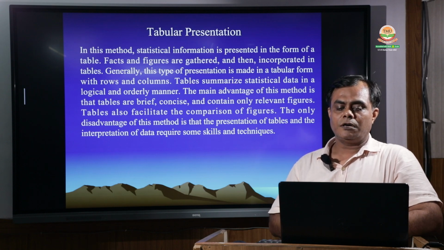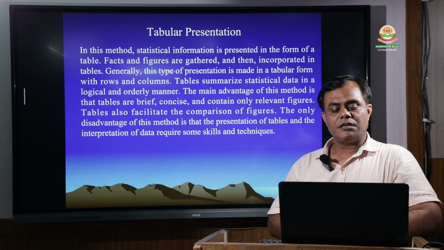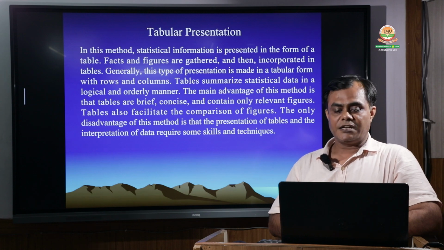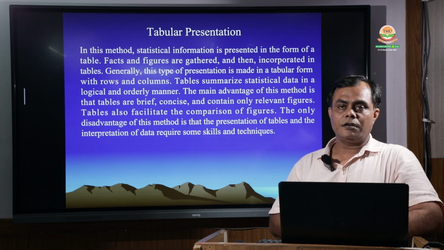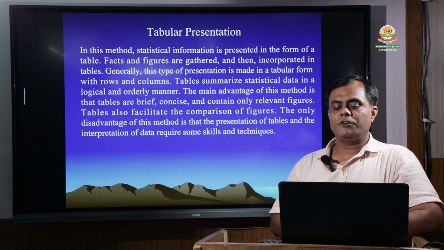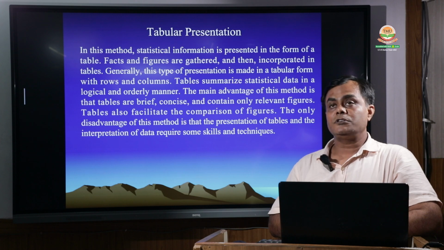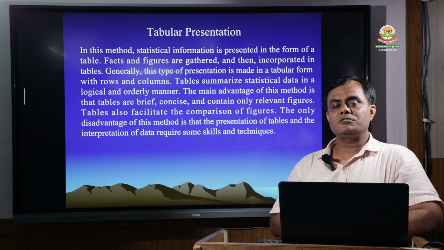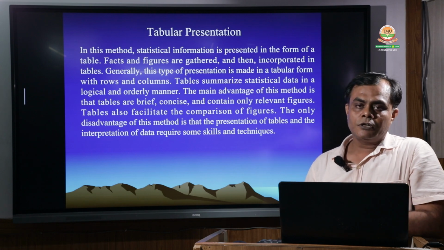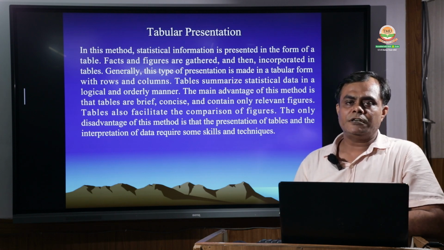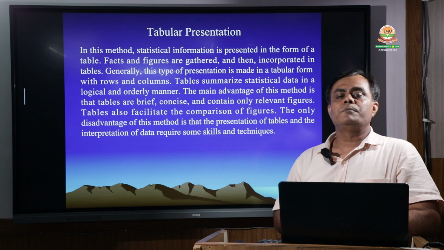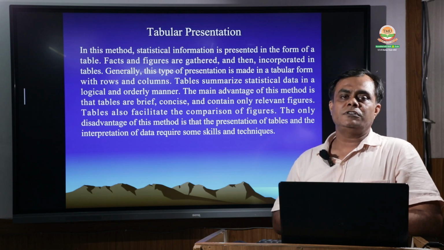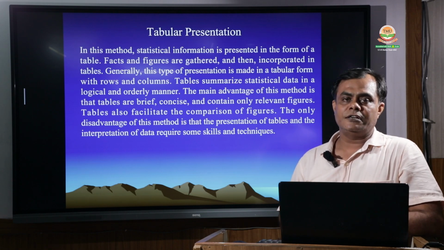The main advantage of this method is that tables are brief, concise and contain only relevant figures. Tables also facilitate the comparison of figures, and the only disadvantage of this method is that the preparation and interpretation of tables require some skills and technique. So tabular presentation is better than textual presentation, but it requires some skills and technique.